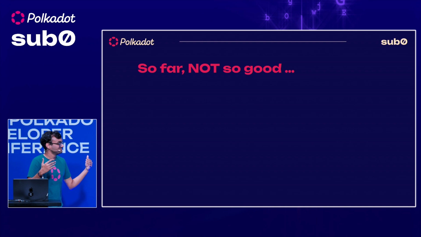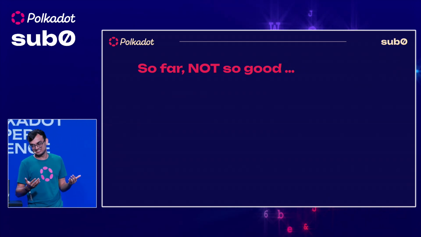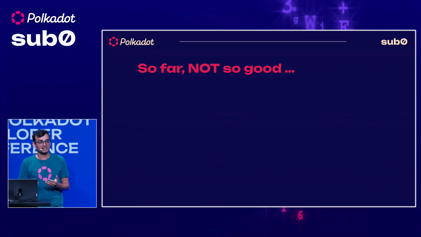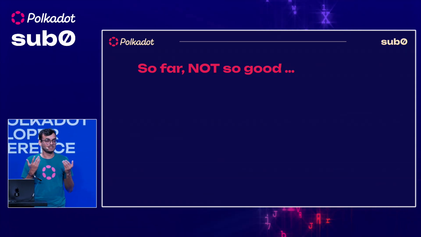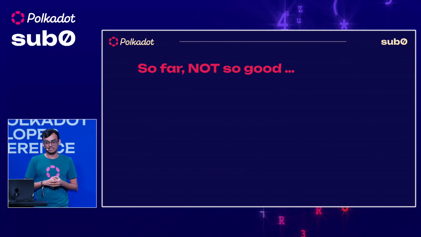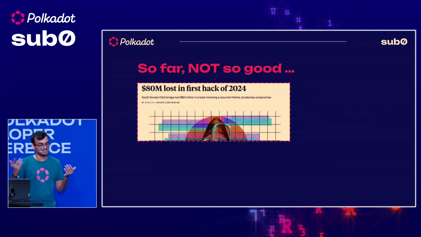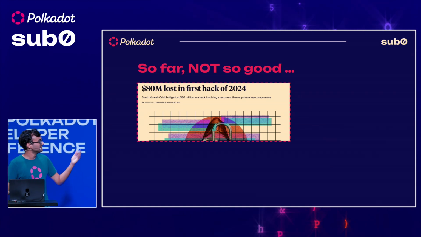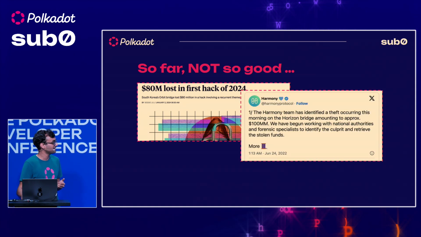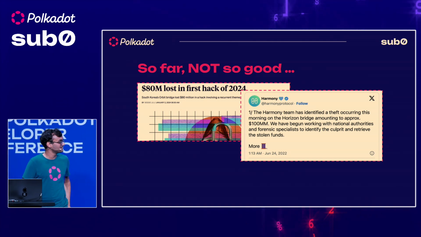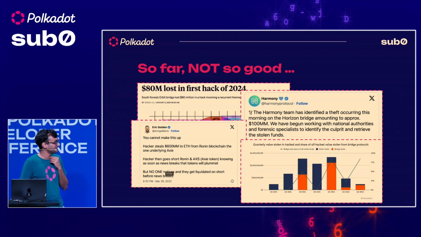And this approach is so far not so good. It's common knowledge that multi-sig bridges are extremely vulnerable to attacks, and the main point is that there is a single point of failure. A number of attacks have surfaced over the last few years. This is a tweet about the Orbit bridge being hacked, then the Harmony bridge, then this one is about the Ronin bridge.